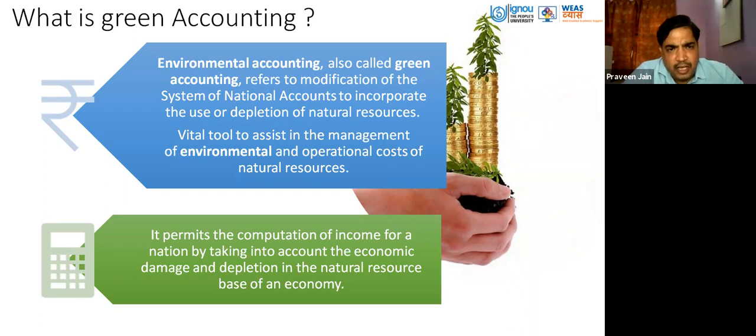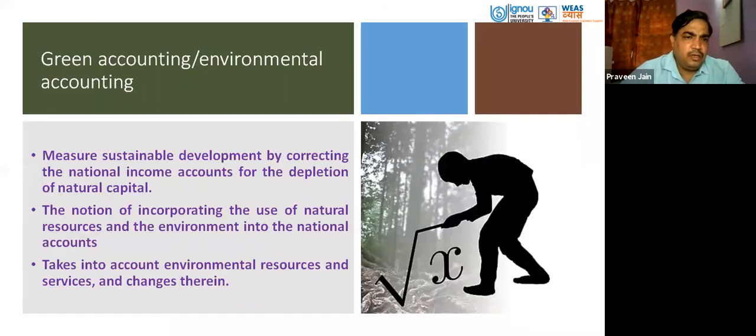And this green accounting permits the computation of income for a nation by taking into account the economic damage or depletion in the natural resource base of the country. Basically it measures sustainable development by correcting the national income accounts for the depletion of natural capital.